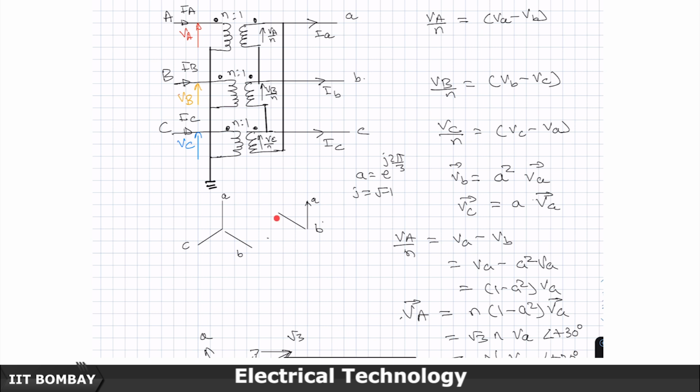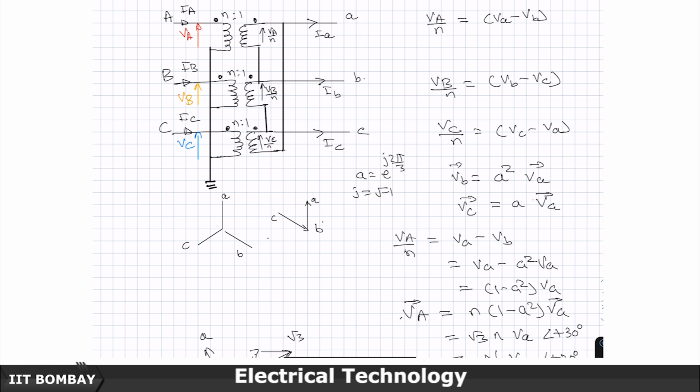This is B, this should be C. And put the tip, VB minus VC, so VB is being measured with reference to VC, so the arrow is on the VB side.